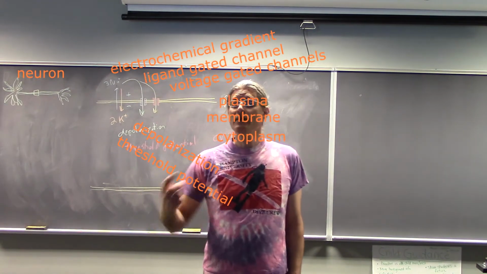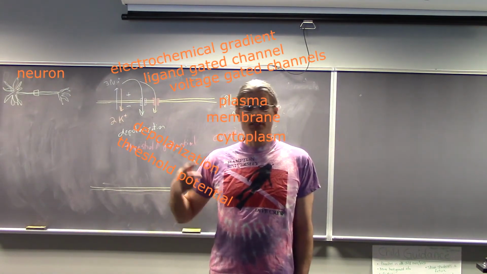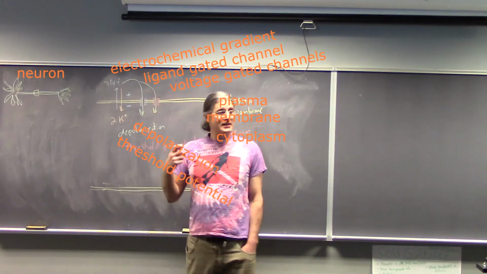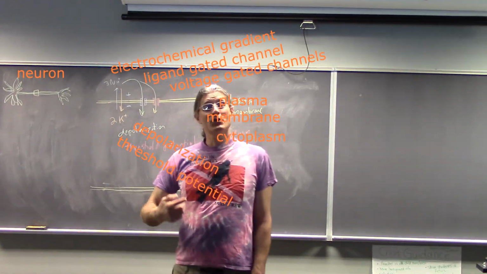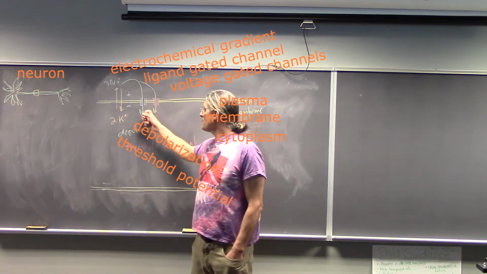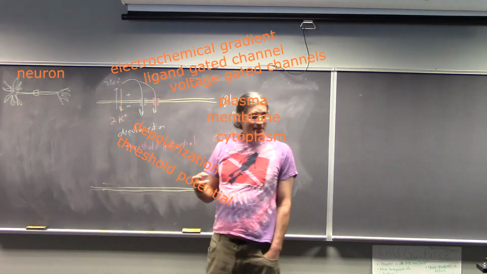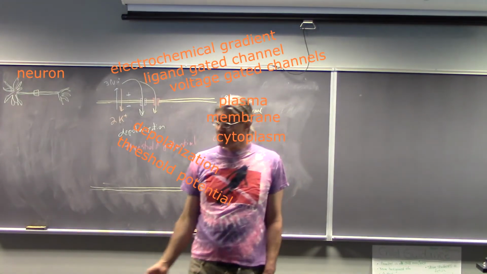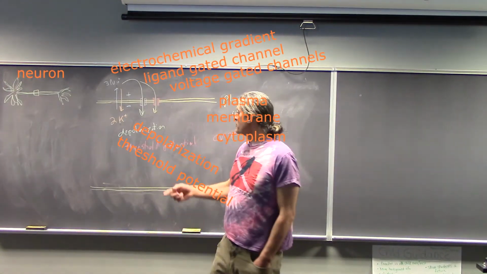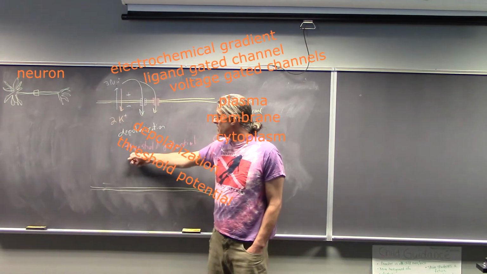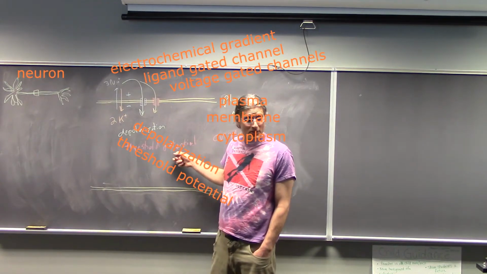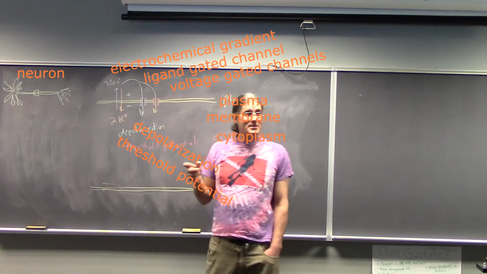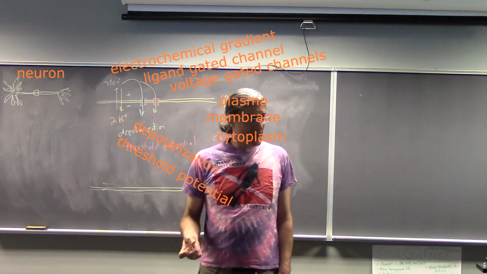But if you get enough ligand-gated channels opening up, then you'll get enough sodium ions leaking in that you reduce the polarity of the charge differential across the membrane enough that you'll have reached a level of depolarization that's equal to the threshold potential, and at that point you start opening up the voltage-gated channels.